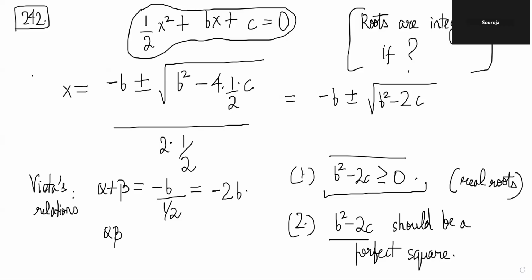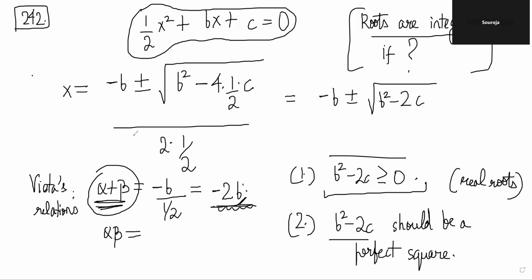So if the roots are integers, shouldn't b also be an integer? Because the sum of the roots is an integer and it is equal to minus 2b, right? Do you realize that b has to be an integer? So b should also be an integer.